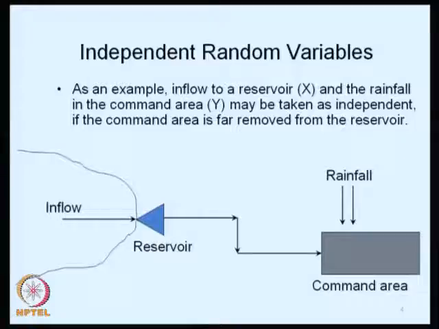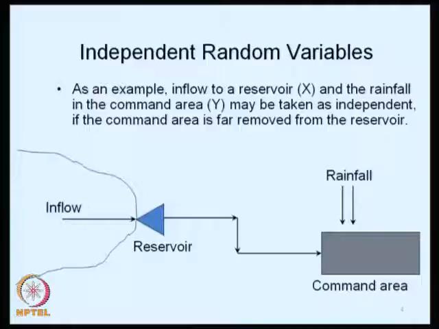For example, we will take the example where we are talking about inflow to the reservoir, and there is a command area where rainfall is occurring, and you are interested in the two random variables, inflow and the rainfall in the command area.